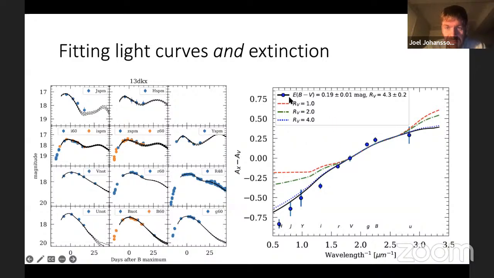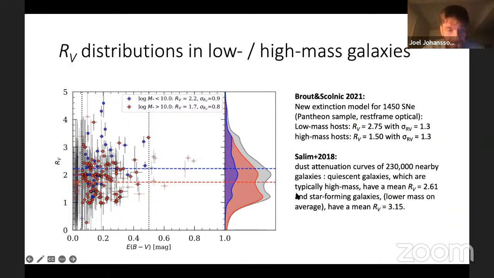If the color excess is small, your error bars on RV grow, and you're actually quite prone to fitting a small RV. That's what I'm plotting here, color excess versus RV. So in principle, for 0 color, you cannot really constrain RV.